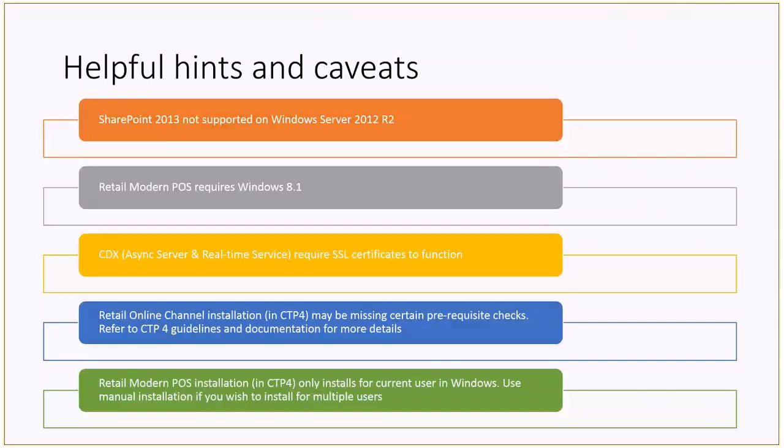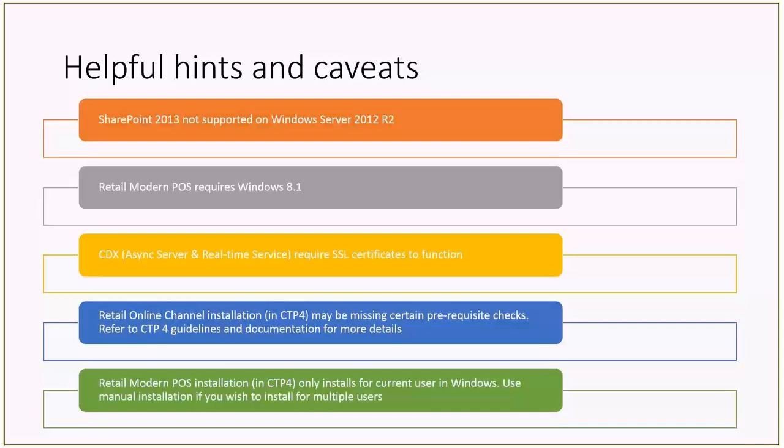The next point I'd like to make here is the retail modern point of sale, the Windows 8 style application that we are releasing as part of the R3 release, will require installation on Windows 8.1 only, which means if you try to install this application on Windows 8, it will not work.